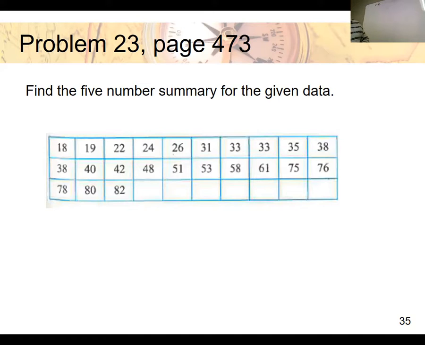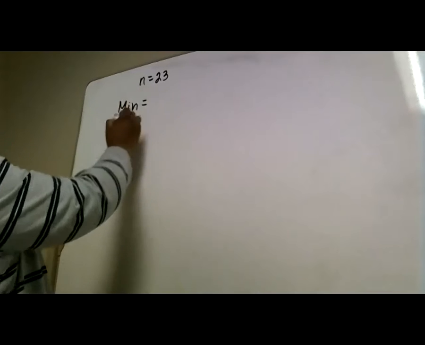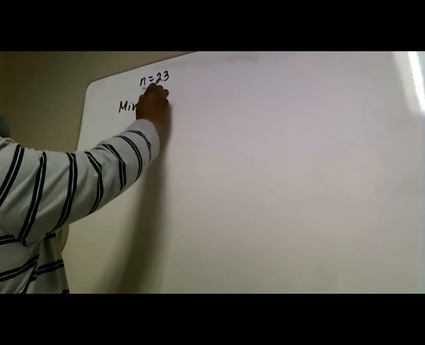All right, so right off the top, I can tell you this is sorted from least to greatest, so this is going to be quite easy. What would be the minimum? 18. And what's the maximum? So already we have our min and our max, which is 18 for the min.